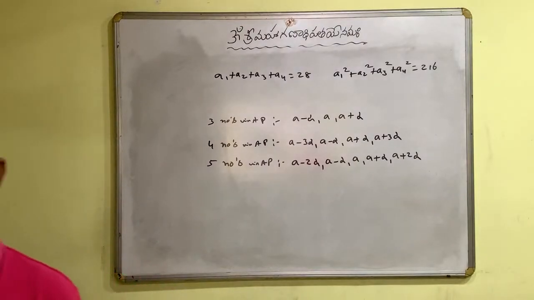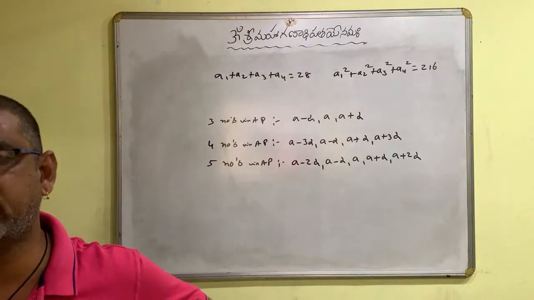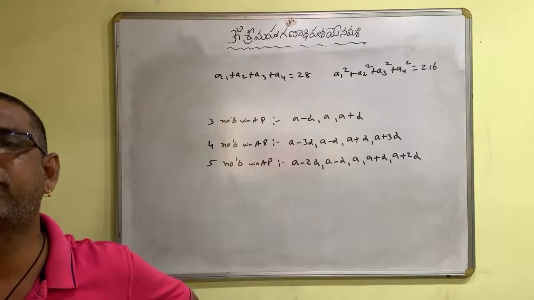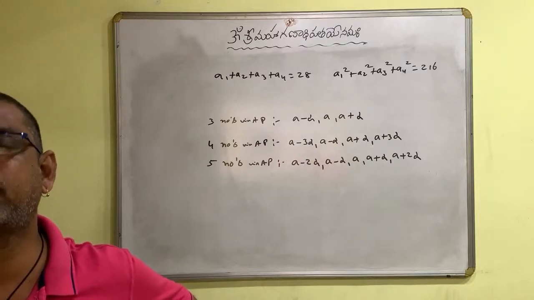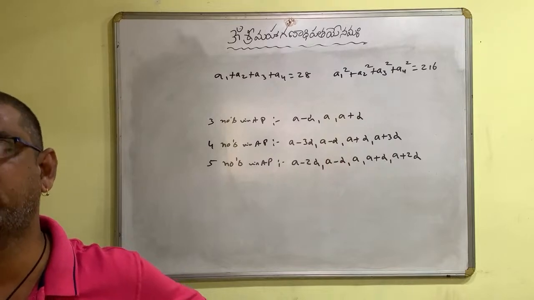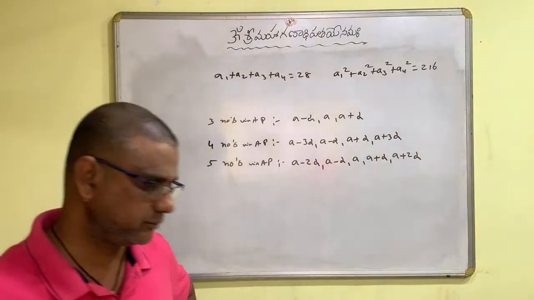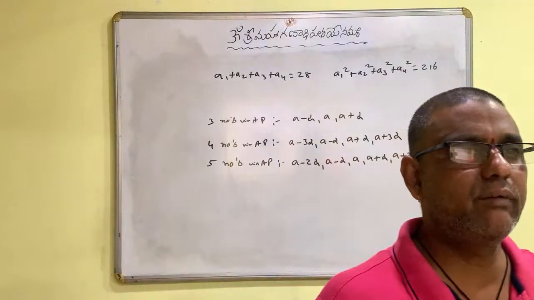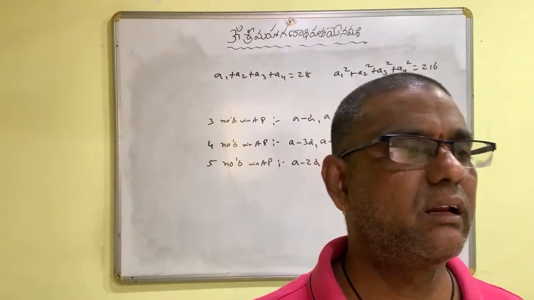Why sir, why we have to take like that? Only one answer from my side is, if we consider the numbers like that, solving the problem is easy. That is what I can say. That's all. Only a single sentence. No sir, we will not take like that, in general we will take.